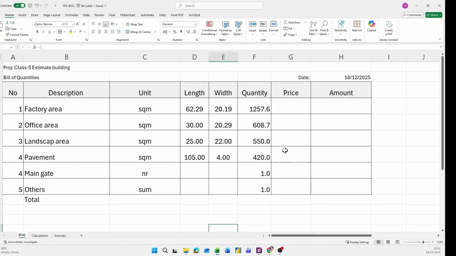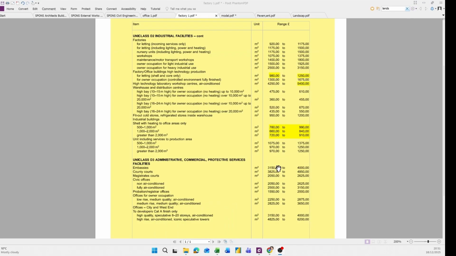You can see our building area is near 1000. So here are some prices of buildings of 500 to 2000 square meters, priced per square meter under 1000.